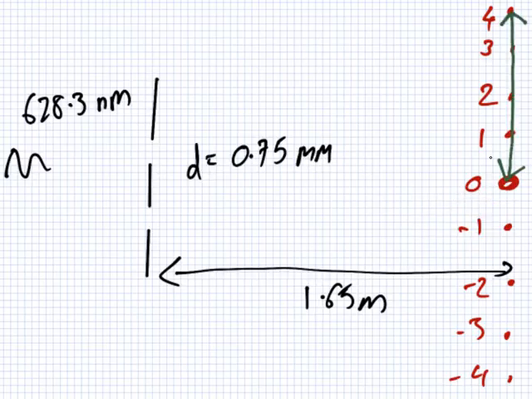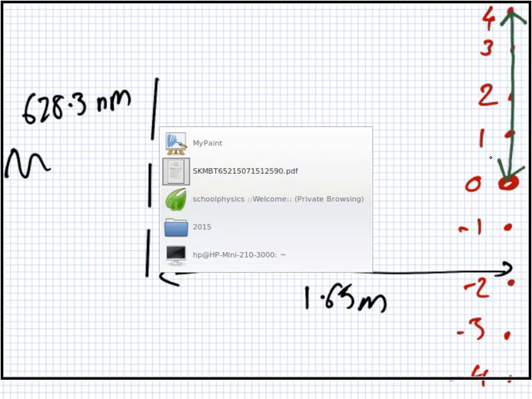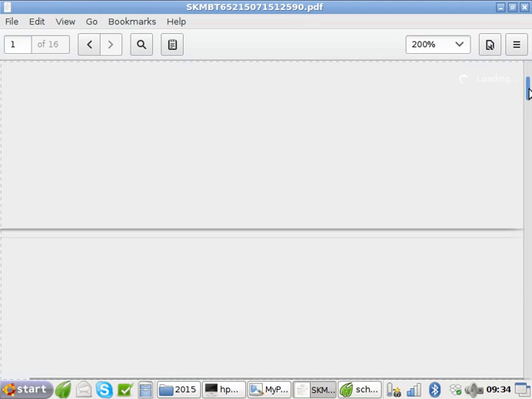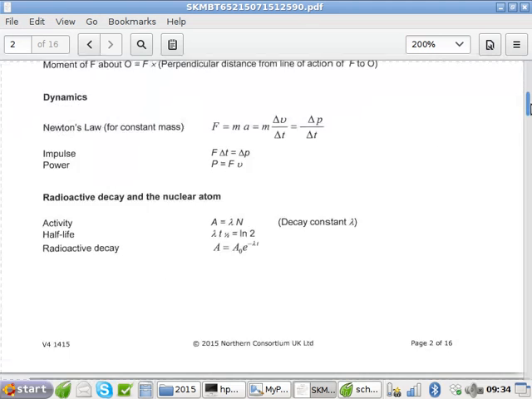That's what they want. Mm-hmm. Now there are two ways to do this one. I'll show you here in the formula book.